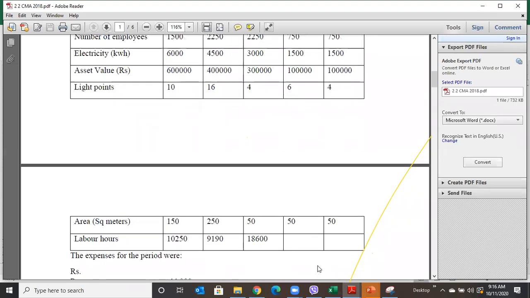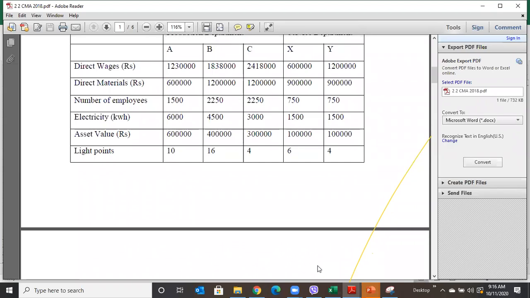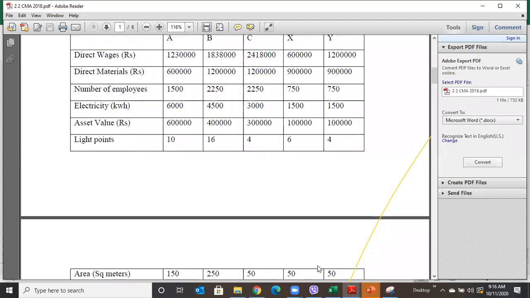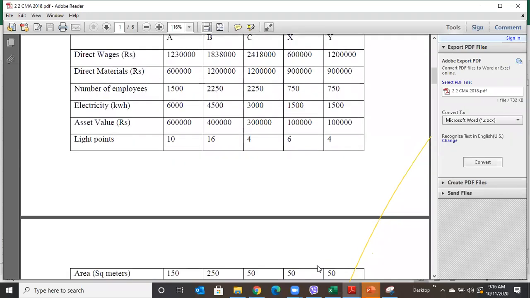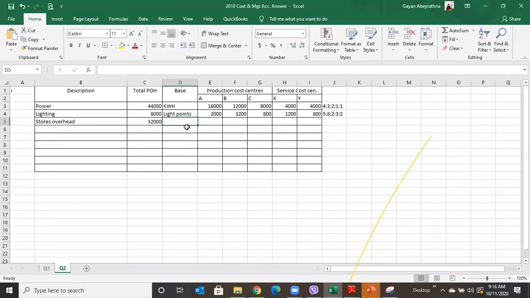Okay. Now we can have number of employees also okay, area also okay. We are not having a most matching one, no? Okay, let's see. It says square meters area. Just based on the assumptions, area we can use.